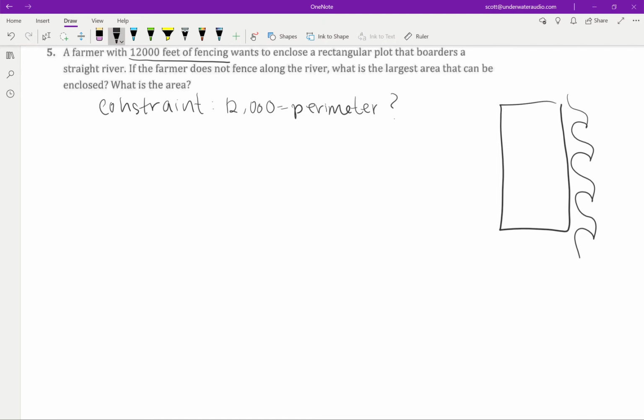I just put it there. If the farmer does not fence along the river, what is the largest area that can be enclosed? Okay, so everywhere else is being fenced, and it wants the largest area. So the objective is to maximize area.